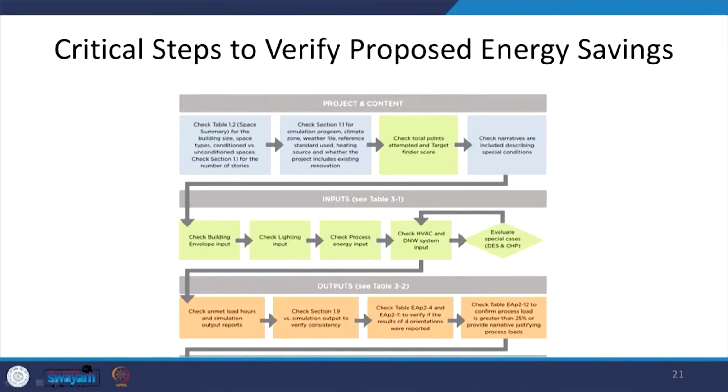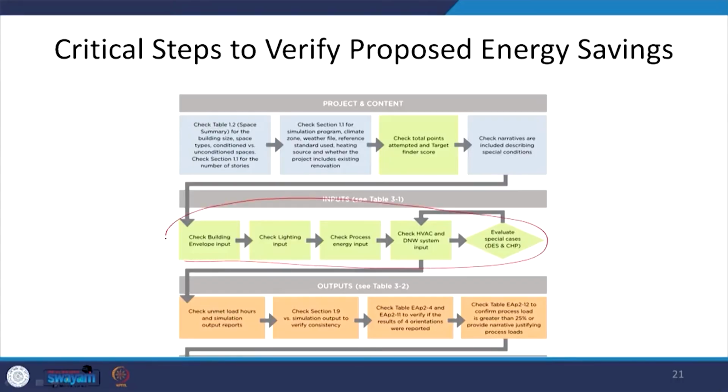So, first of all, we check the total points which are attempted and the targeted score for green building compliance, because largely this whole building simulation is used for green building compliance, for demonstrating the compliance. And next we check all the inputs. We have discussed in detail what are the different inputs which are required, whether it is building envelope or lighting or process energy, HVAC system. So, all these inputs will be required and we will evaluate the special cases if there are any.